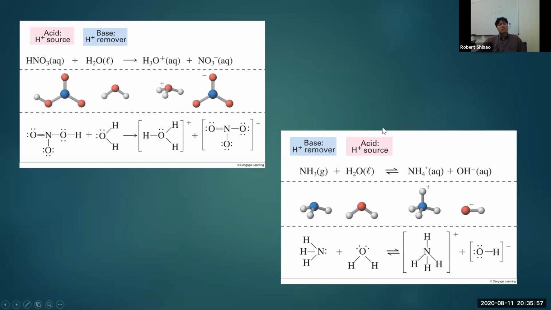So let's take a look at some reactions here. This is nitric acid and water. Water will be the base, nitric acid is the acid. This is going to form hydronium and nitrate. This one should be favorable.